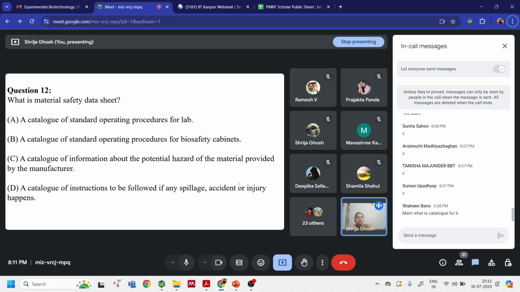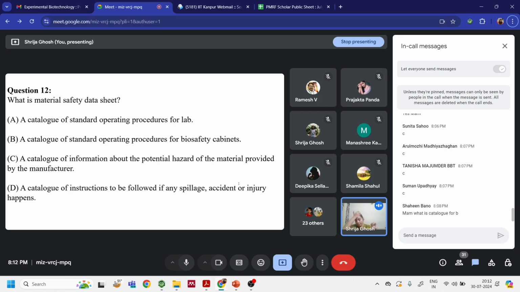If it is a SOP for wearing the PPE kit, it will tell you exactly what to do: wear your goggles, sanitize your hands first, then wear your mask, wear gloves. These are the kind of documents you will see in most laboratory setups. Standard operating procedures are a type of document; for lab it is different, for equipment it is different.